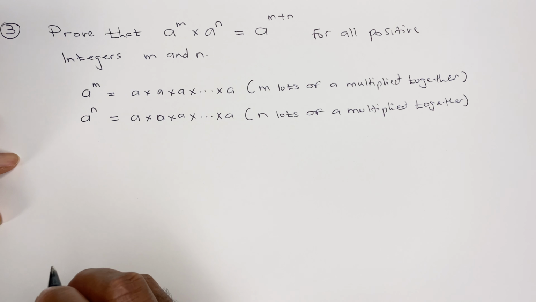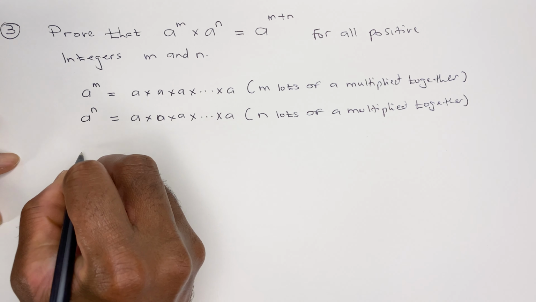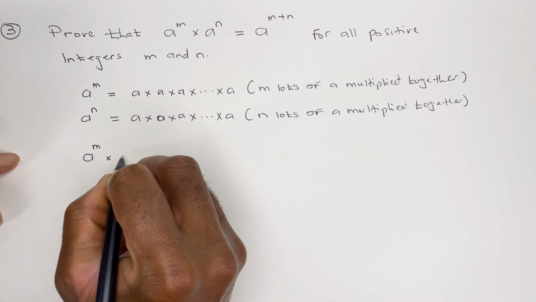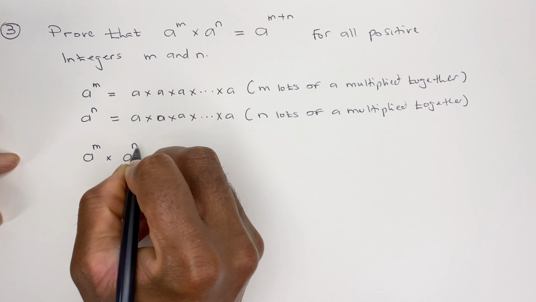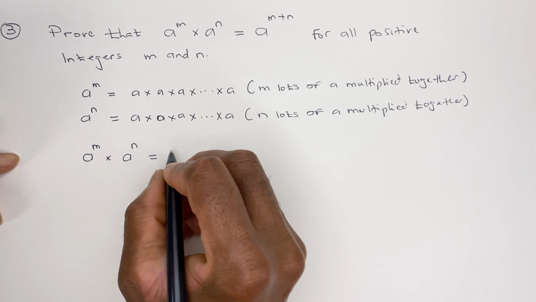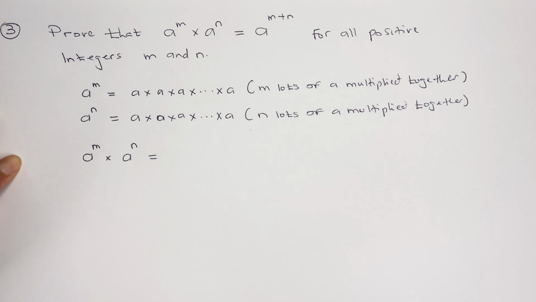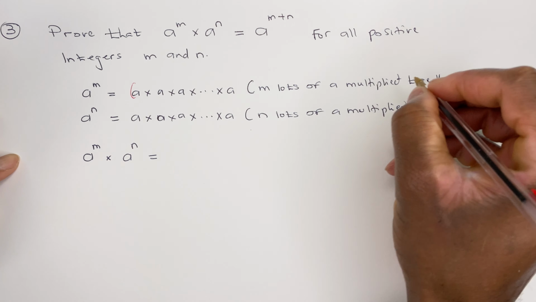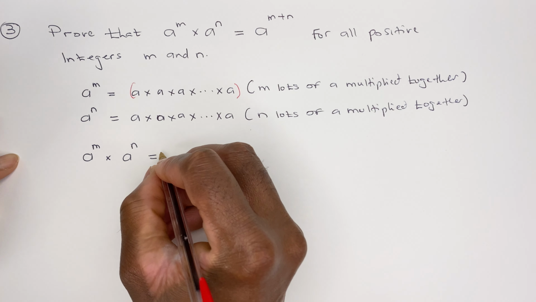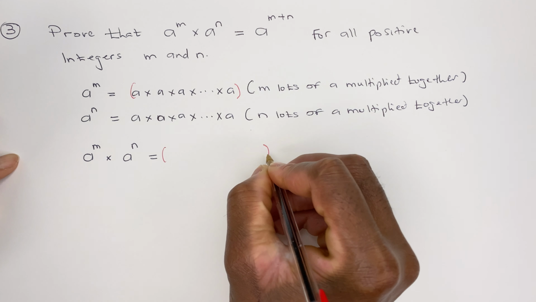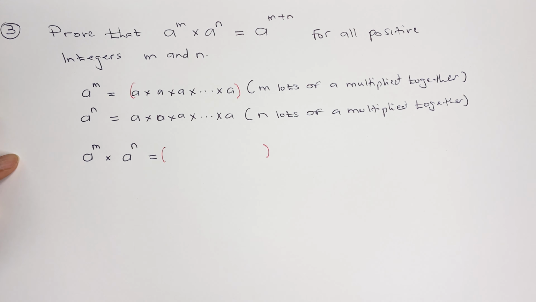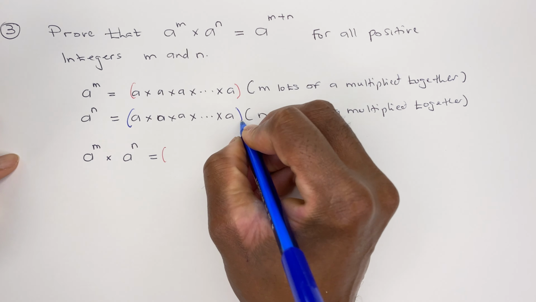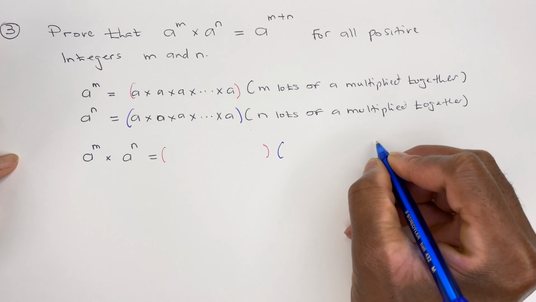Now, if we then bring them together, so if we have a to the power of m times a to the power of n, what that would be is taking the a to the power of m, which is what I'm going to write here, and I'm going to multiply that by the a to the power of n, which is what I'm going to write here.